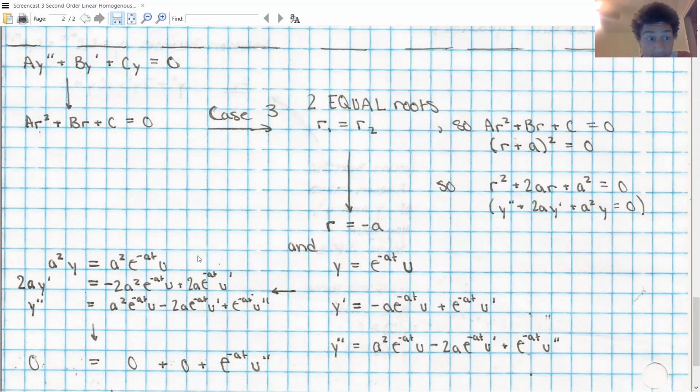And notice that if you were to multiply this term by a squared, and multiply your y prime equation by 2a and have your y double prime stay the same, you can add all of these together, and you'll get the same result as you had over here.